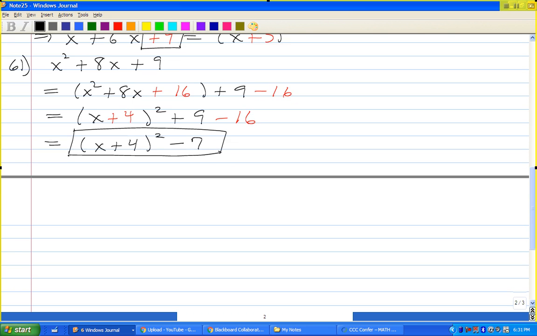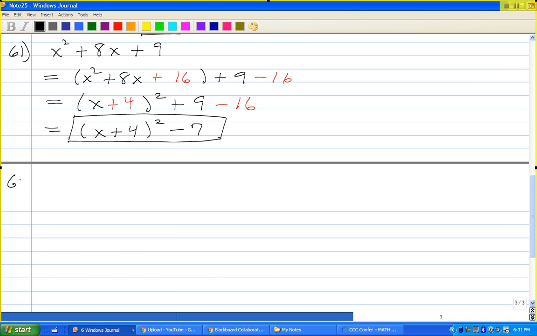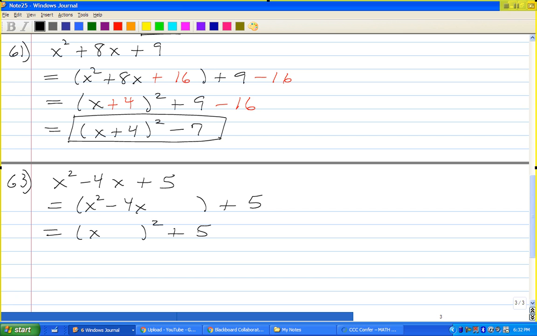Let me do problem number 63. x squared minus 4x plus 5. Since there's a 1 in front of the x squared, I have negative 4 divided by 2 is a negative 2.